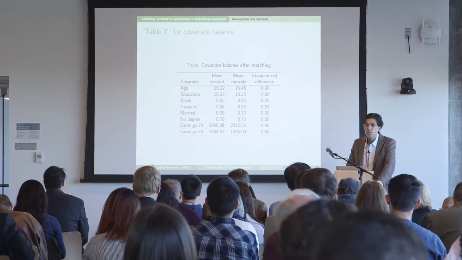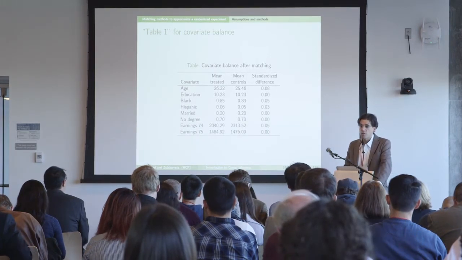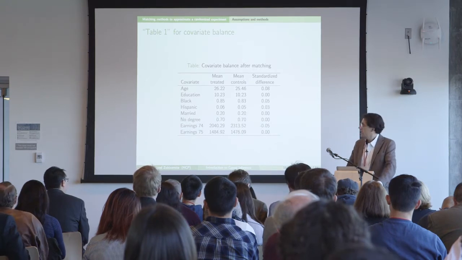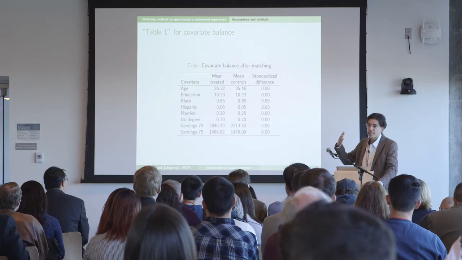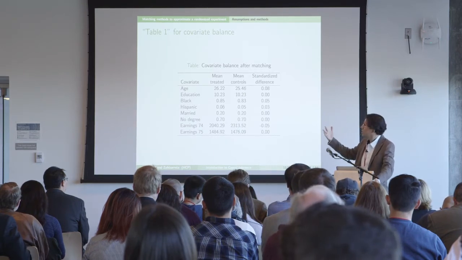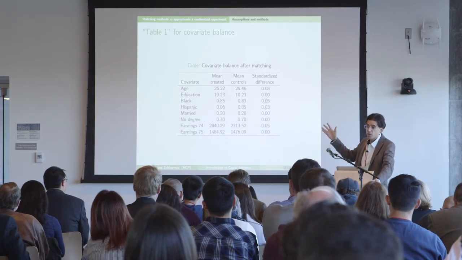The goal of matching is to find this nice stable Table 1 for covariate balance. Often an observational study, also a randomized experiment study, starts by showing there's balance in the treatment and control group.